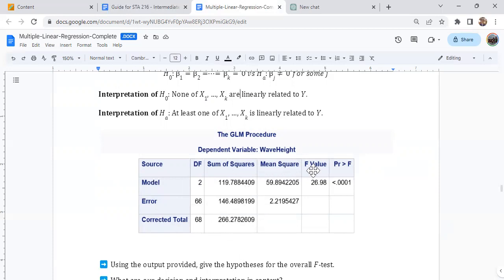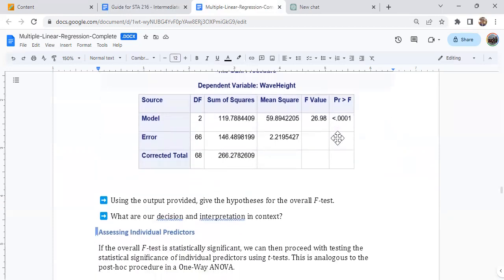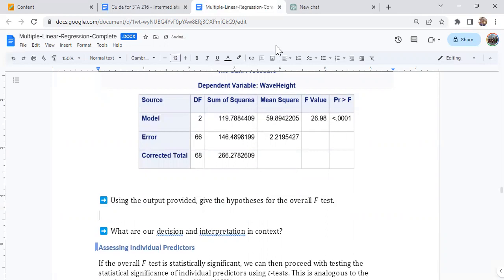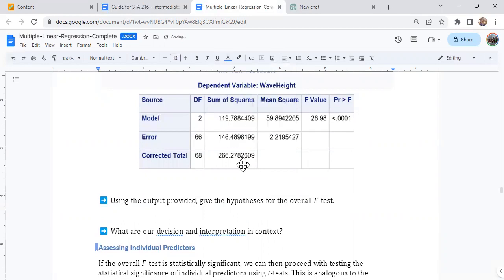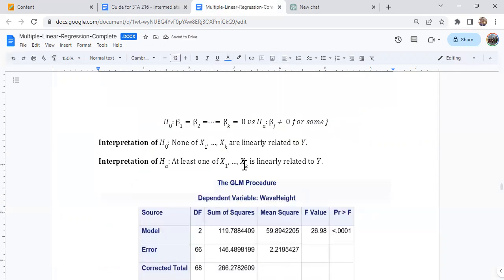And the SS columns. So lots of information here. Let's practice giving the hypotheses for the F test.